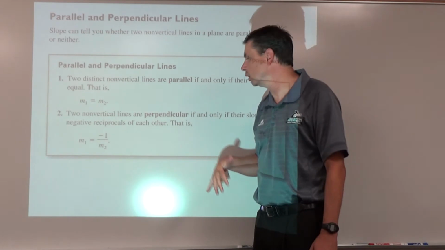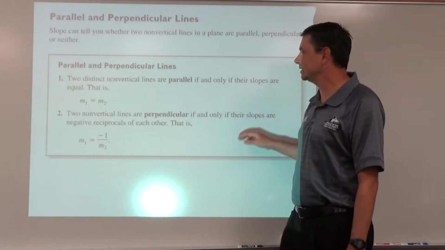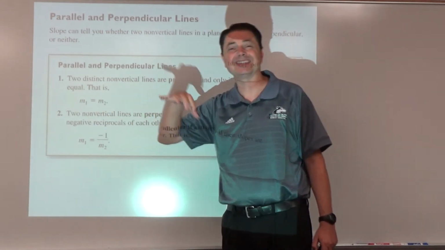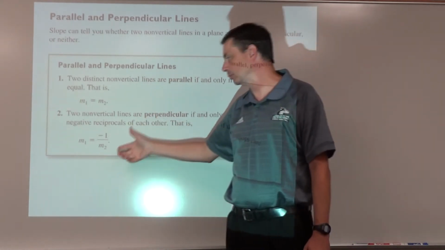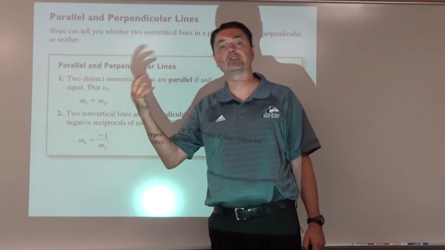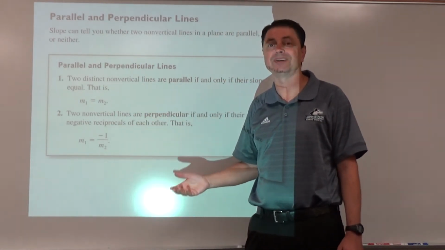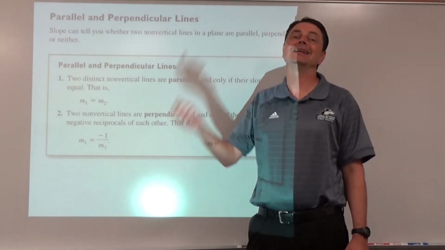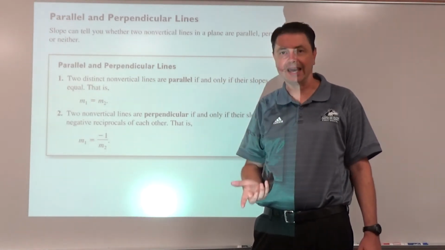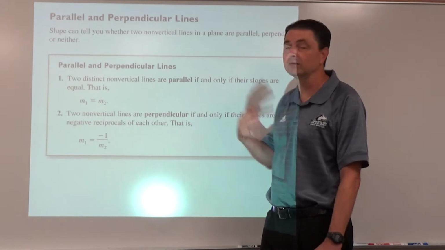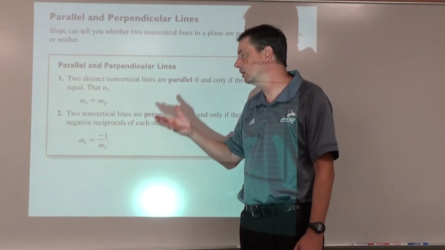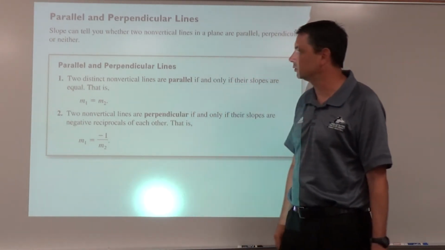Perpendicular, the way their slopes are related is that they are negative, or we can think opposite reciprocals. So if one of them was 2/3, then for perpendicular, the other would be -3/2. One of them is positive, the other has to be negative, opposite reciprocals.